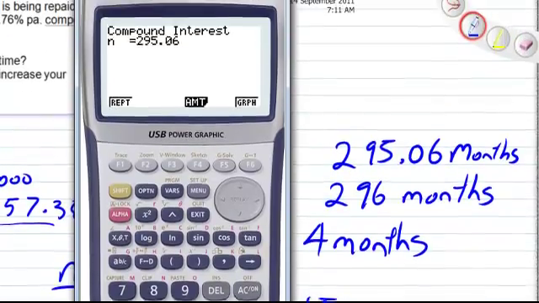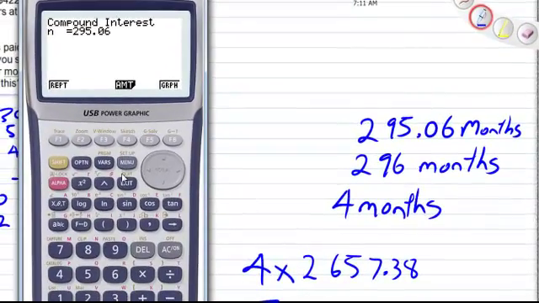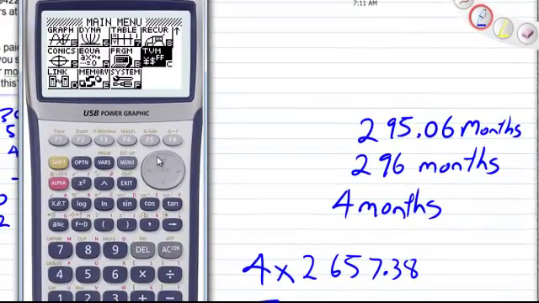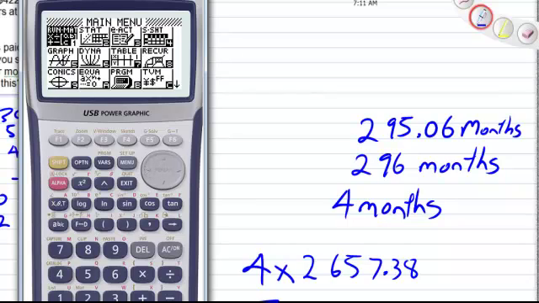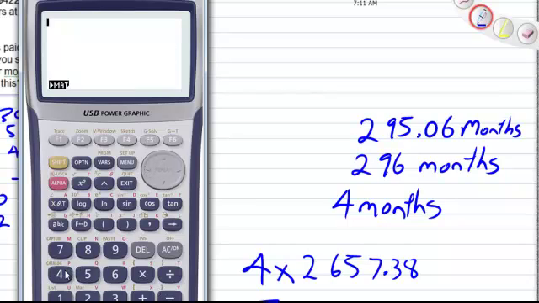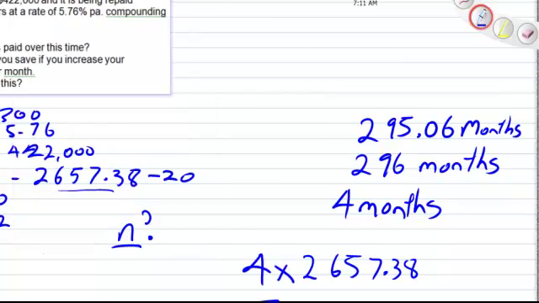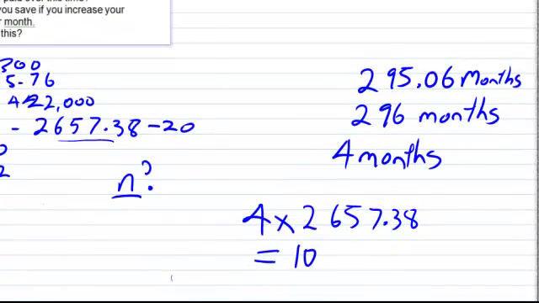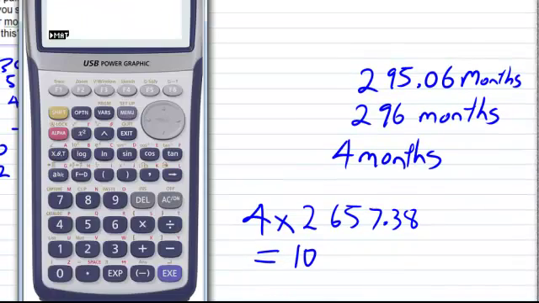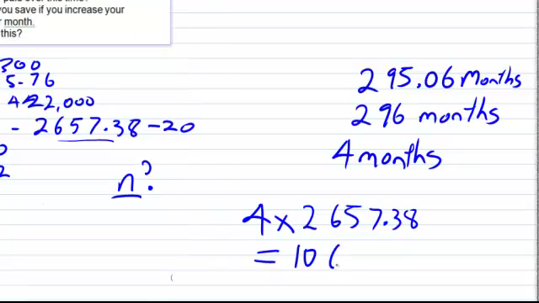So you grab your calculator, get out of this window, go back to the main menu, get to this window here, and go 4 times 2,657.38. The 4 is because it's 4 months, and each month you pay about $2,600. So you actually save $10,629.52.